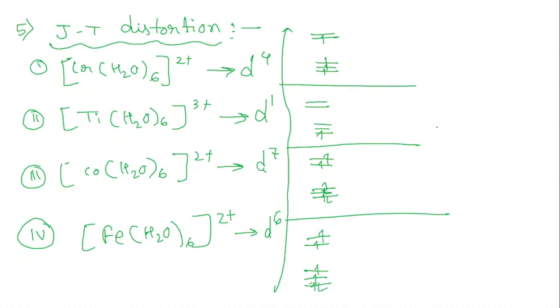Among them, which can show Jahn-Teller distortion? There is an unsymmetrical distribution of electrons.